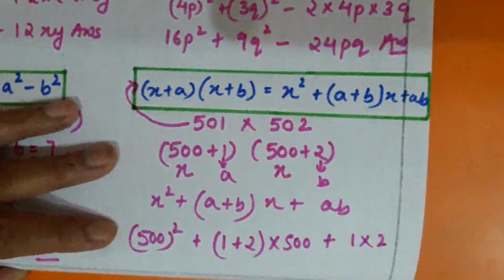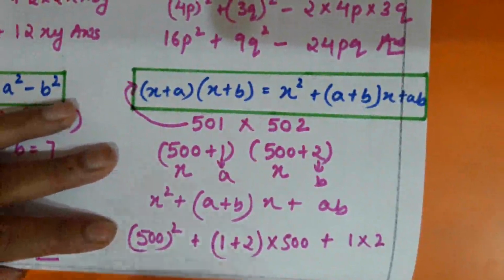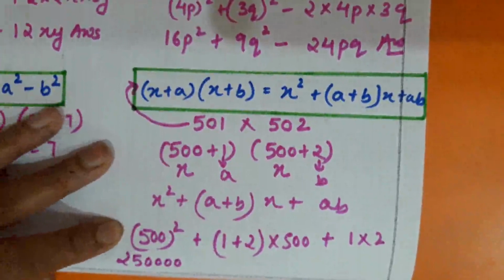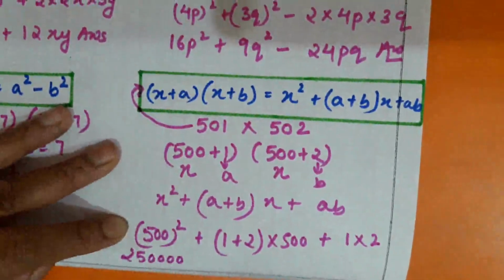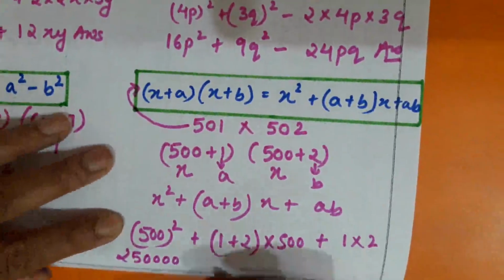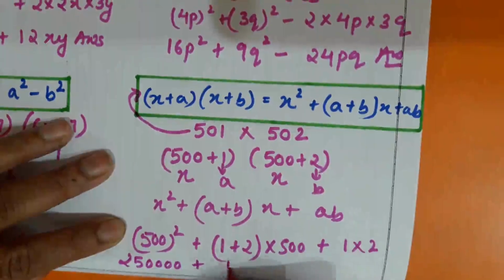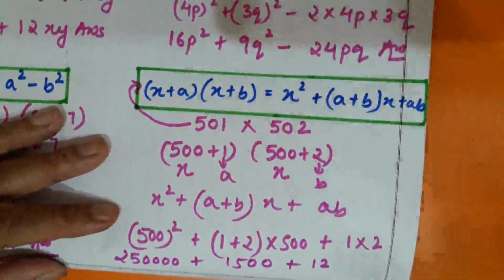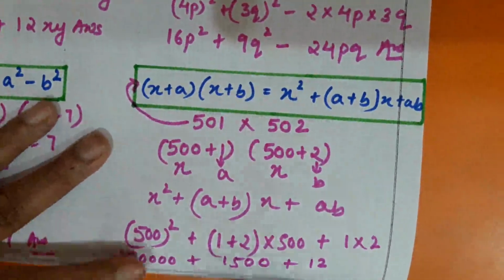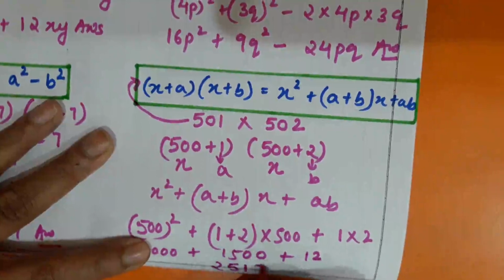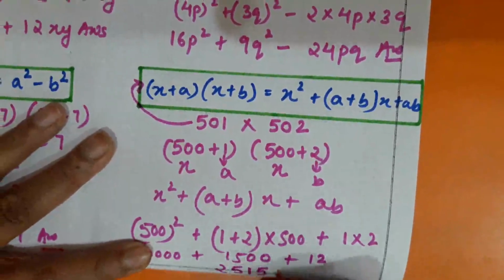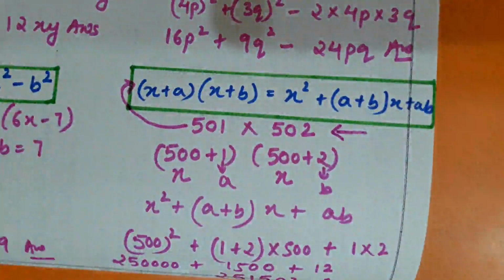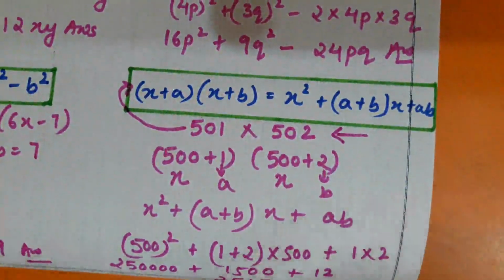Now 500 square is 250000, plus 3 into 500 is 1500 plus 2. Okay, so you will get this. Now in total you will get answer 251502. So in this way you can break this term into an identity and easily solve the question.